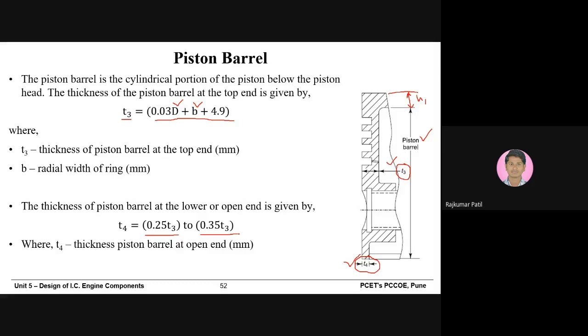So generally T4 is taken between these two values. Whenever there is a question related to the design of the piston barrel, you need to find dimension T3, the thickness at the top end, and T4, the thickness at the open end or lower end.